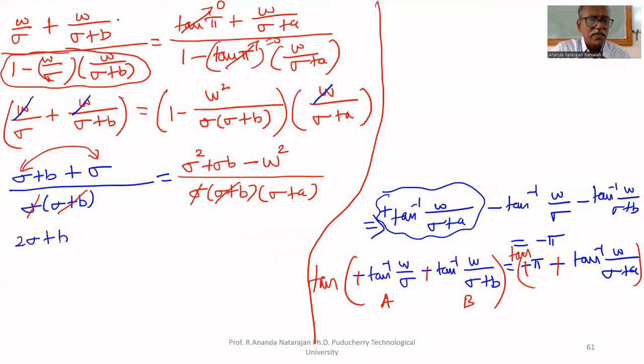2 sigma plus B multiplied by sigma plus A equals sigma square plus sigma B minus omega square.